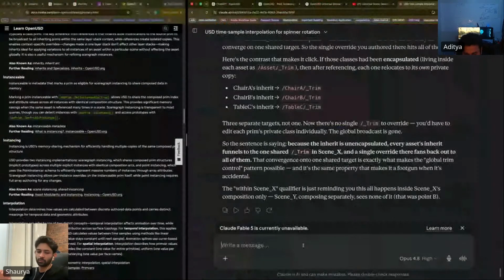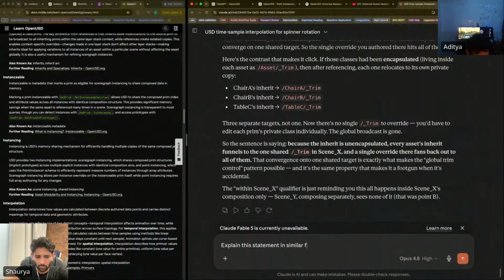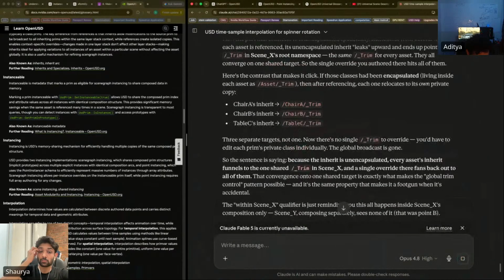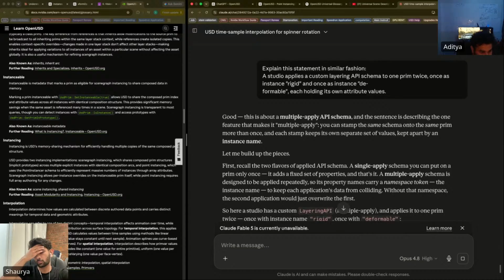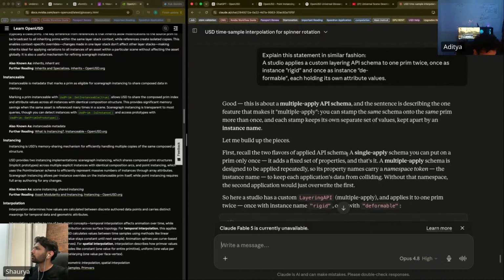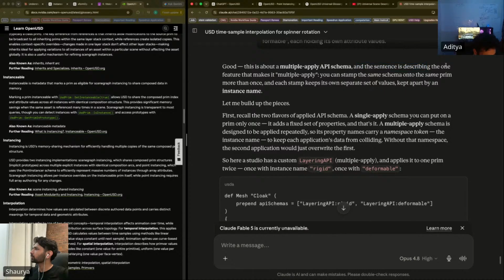Let me first understand what they're trying to say. The sentence describes the one feature that makes it multiple apply: you can stamp the same schema onto the same prim more than once.